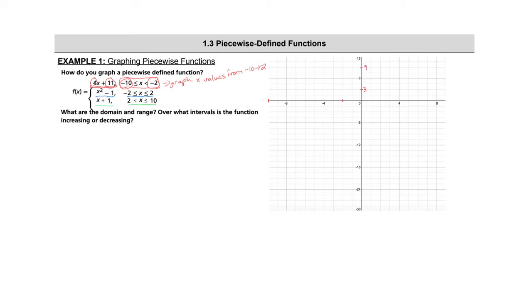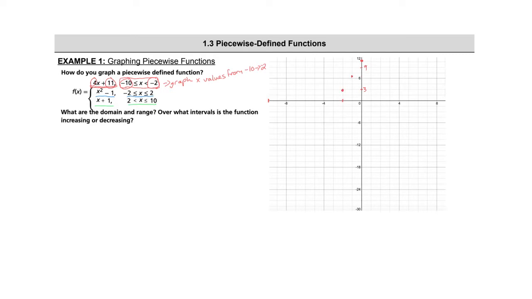So 11 is about right here. Then we're going to go down 4 to the left one, so 7 is about here, and then down 4 to 3, and then 1 right here.